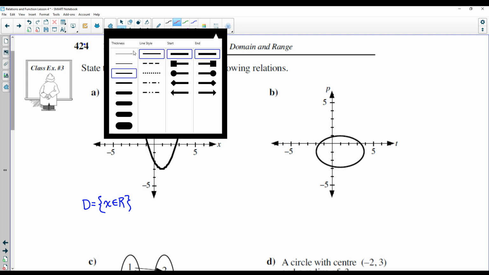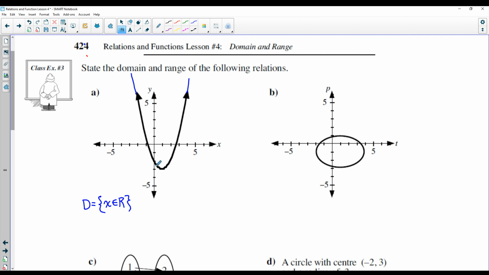For the range, you got to be a bit more careful, okay? Because the graph, no matter what you do, you can't go below this point, okay? So this point is where y would be equal to -3. So what I'd want to do for the range is I would say the range is equal to, basically the graph has to be greater than or equal to -3.